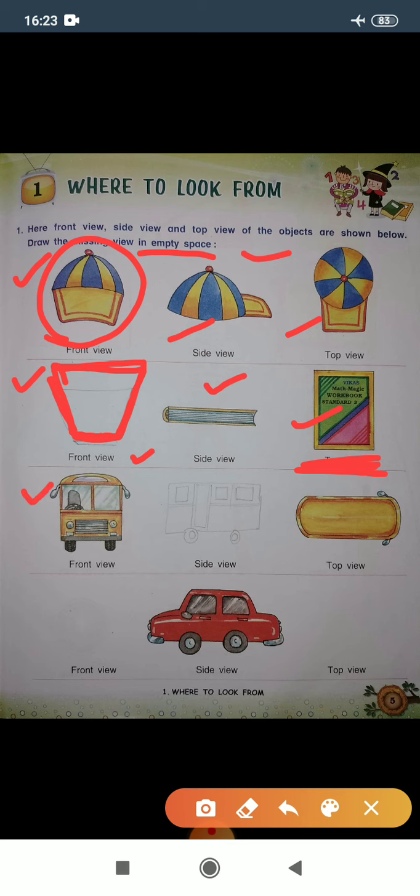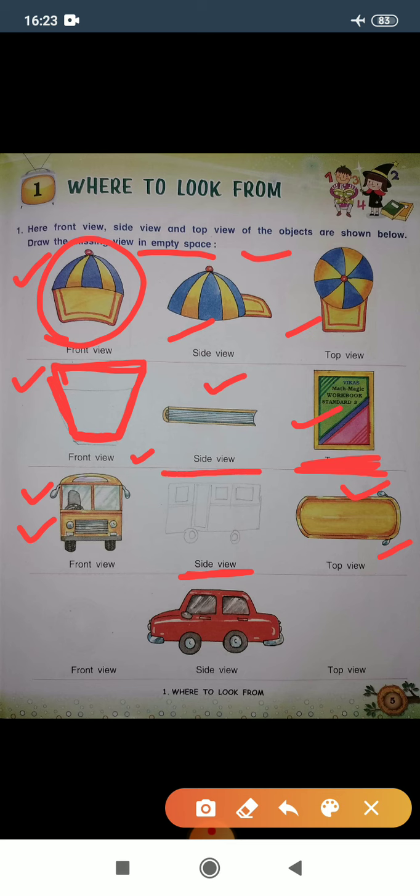In the third picture, a bus is given. The front view of the bus is here and the top view of the bus is given here. Now we need to draw the side view of the bus. For that, see, I have already drawn this.